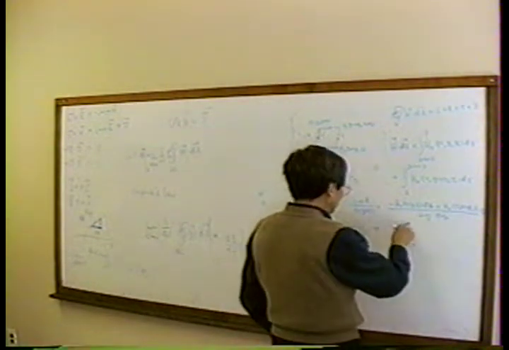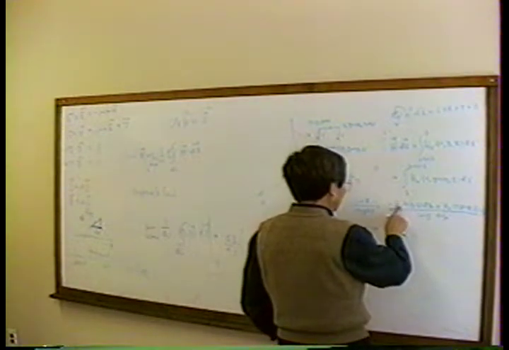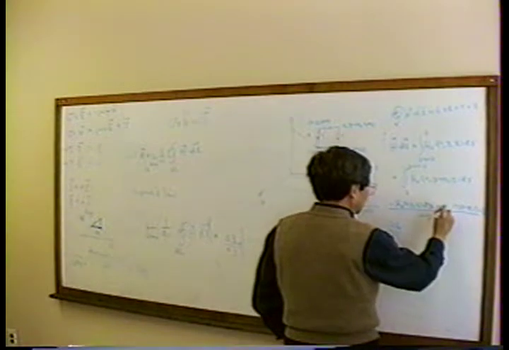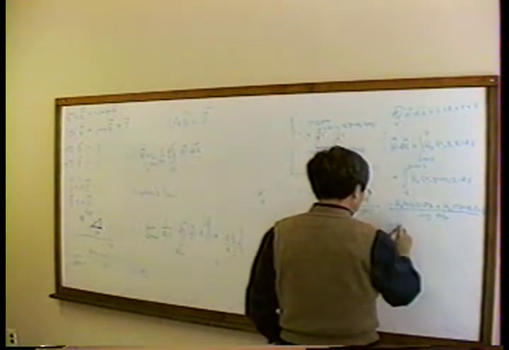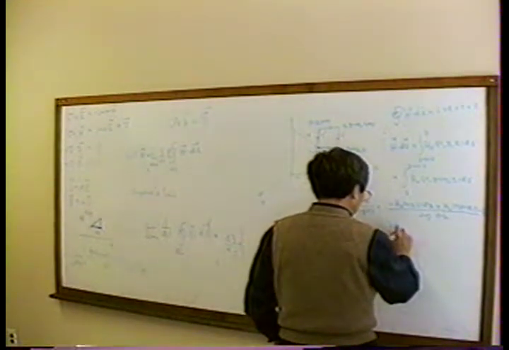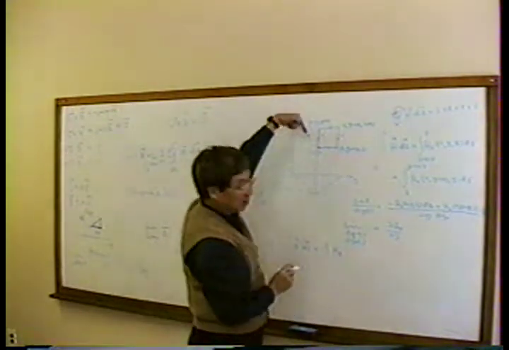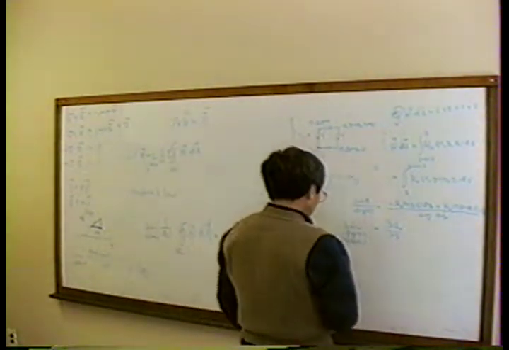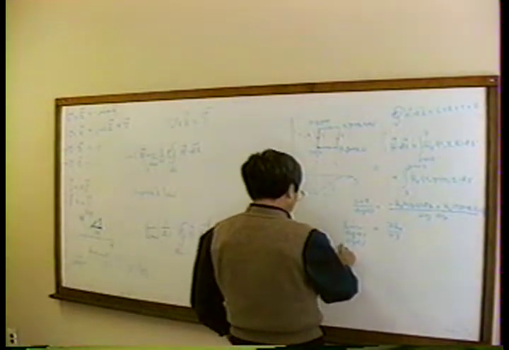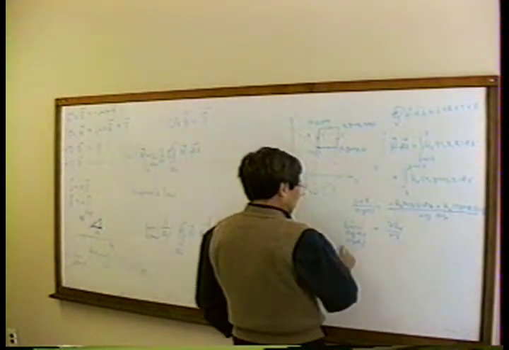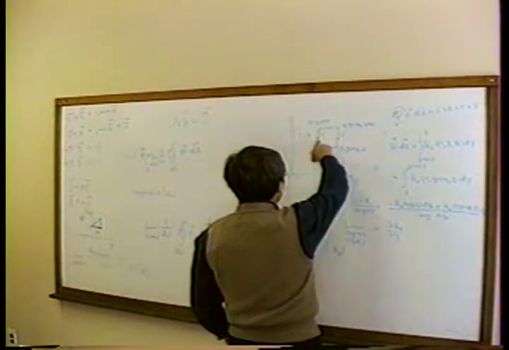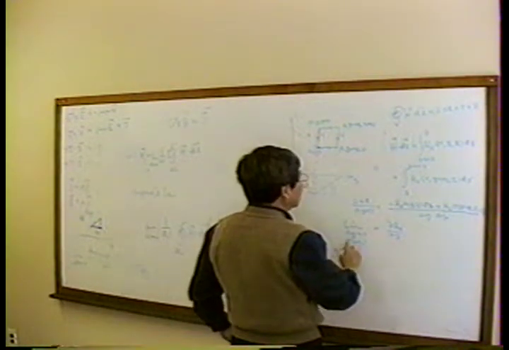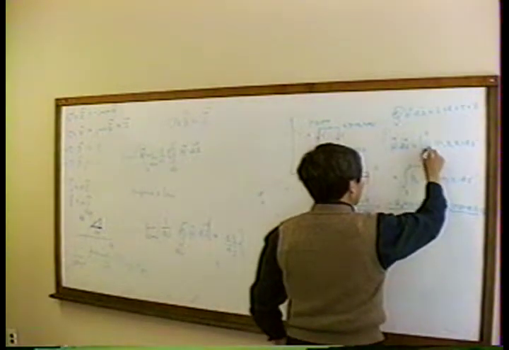I'm sorry, this is wrong. This should be Hz. I wonder what's going on here. This is z direction, right? So Hy, this is Hy. So the ones above it are also Hz. That's right, Hz.